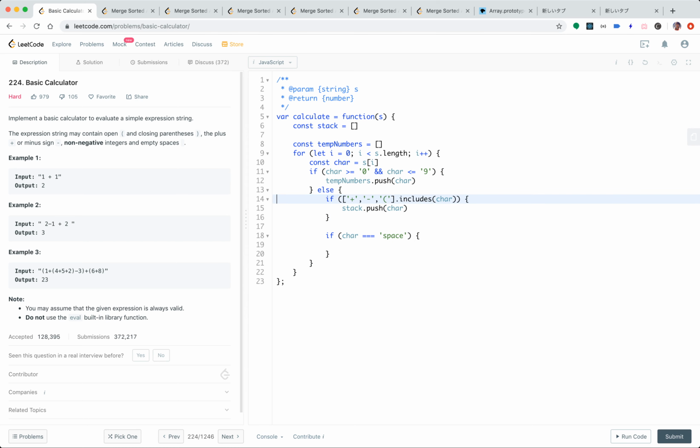For space, we do nothing and push, but we need to flush the numbers.